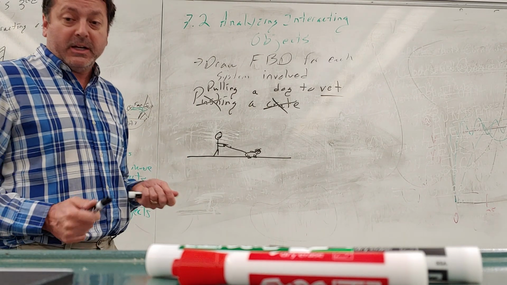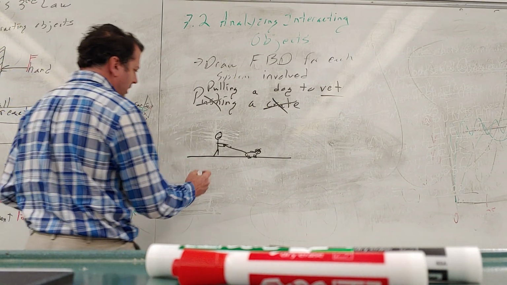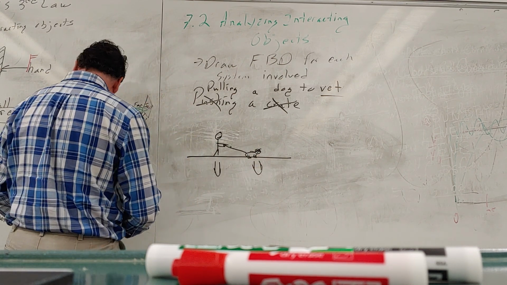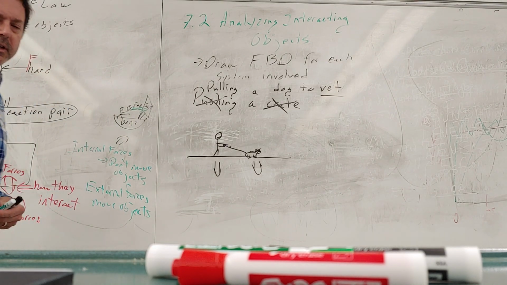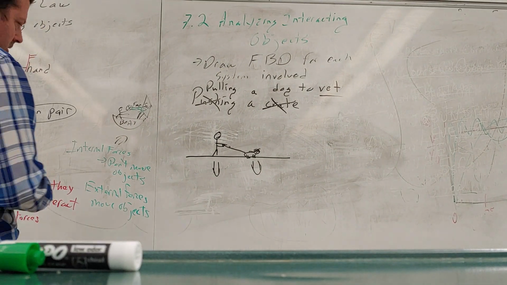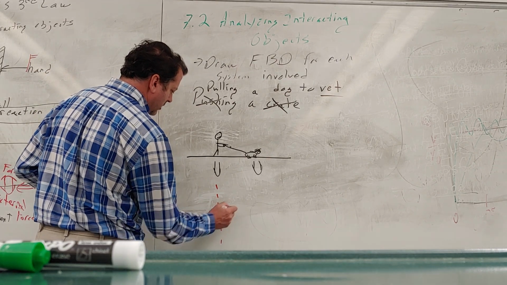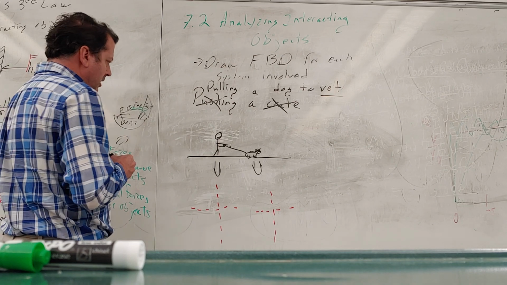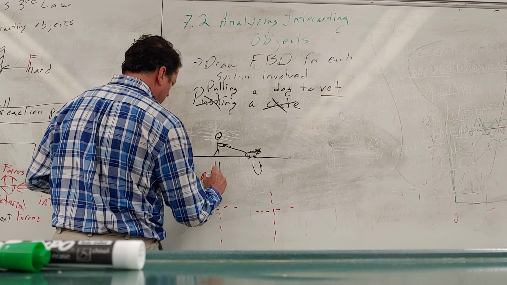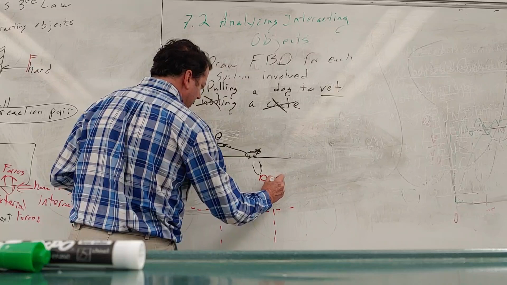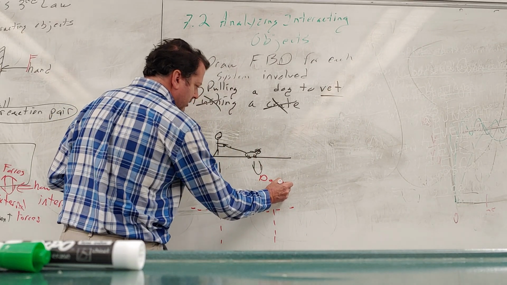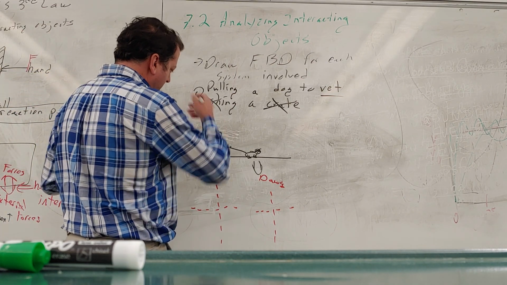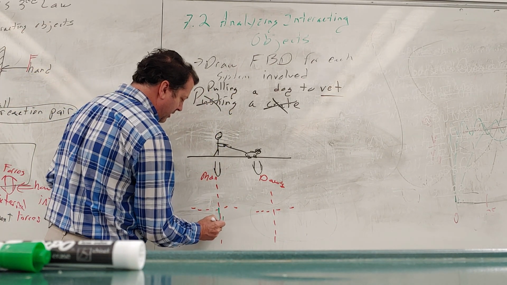Now, let's do a free body diagram for each one of them. Okay? So let's do a coordinate system. I'm going to use red for this. So for the man, here's a dog. D-A-W-G, dog. That's how we say it in the South, right? So for the man, of course, his weight, so you've got gravity pulling down on him.